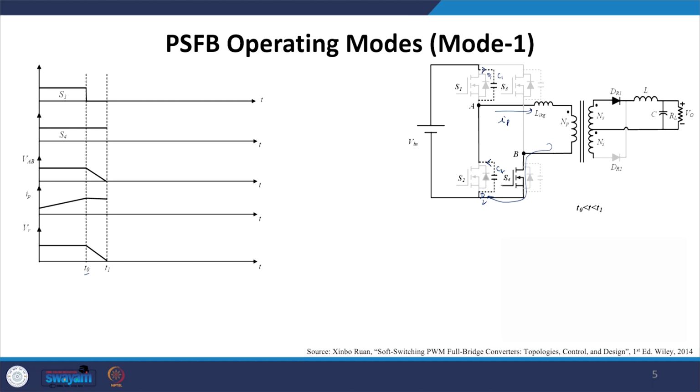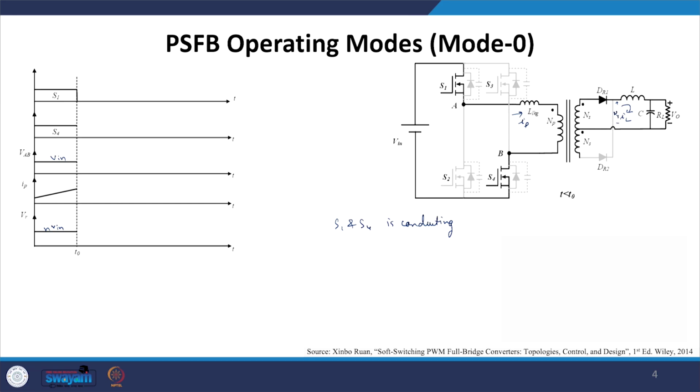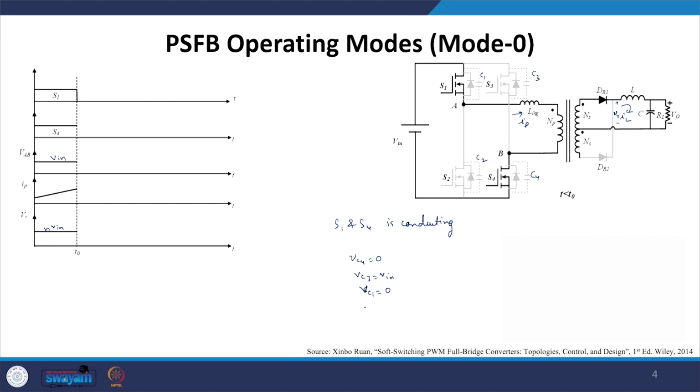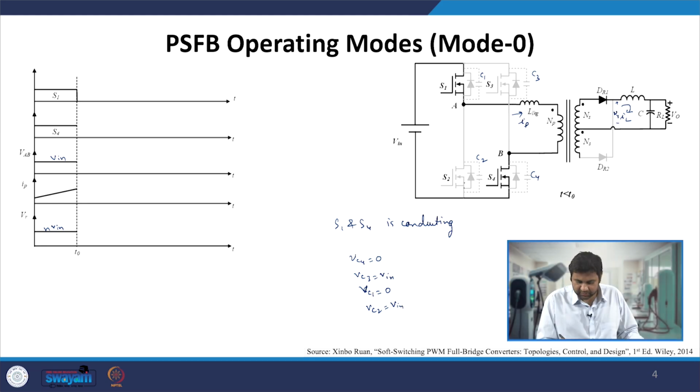Now because of that, if we recall the previous case, in this case VC4 is 0, VC3 is V in, and of all the capacitors C1, C2, C3, C4, VC1 is actually 0 and VC2 is equal to V in, because this is on, which means the entire voltage is across this capacitor C2.